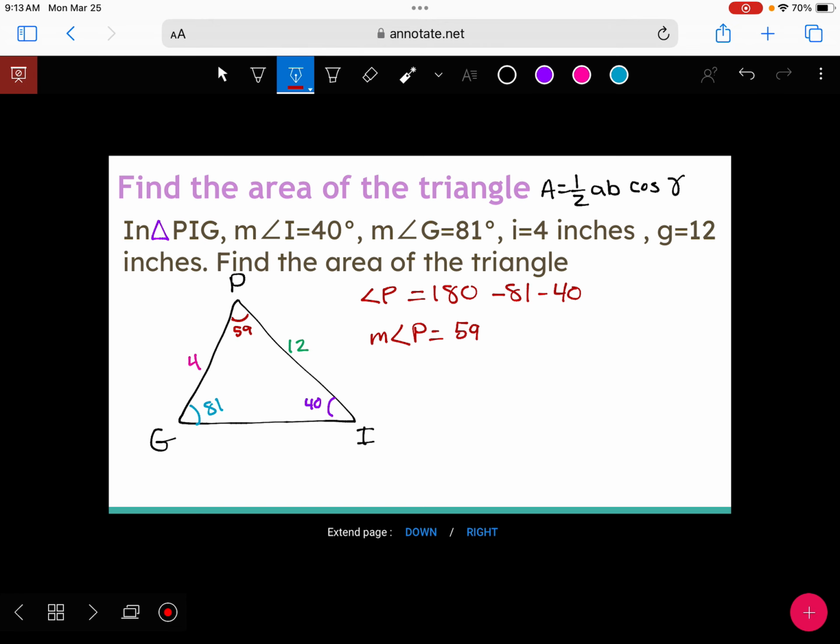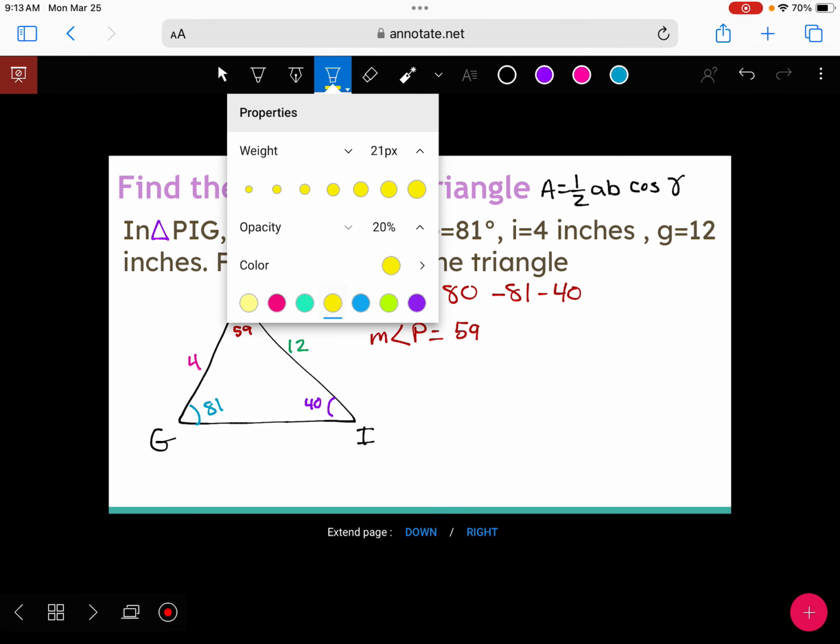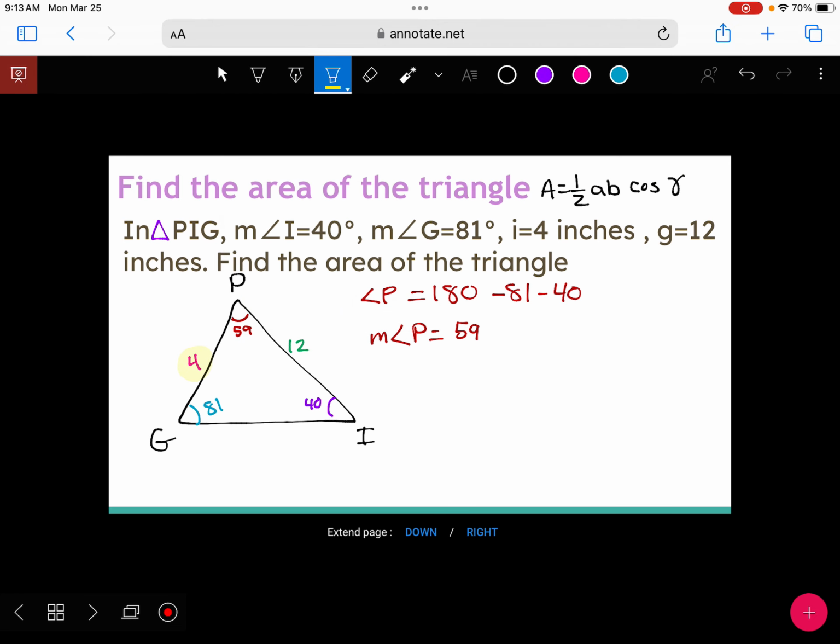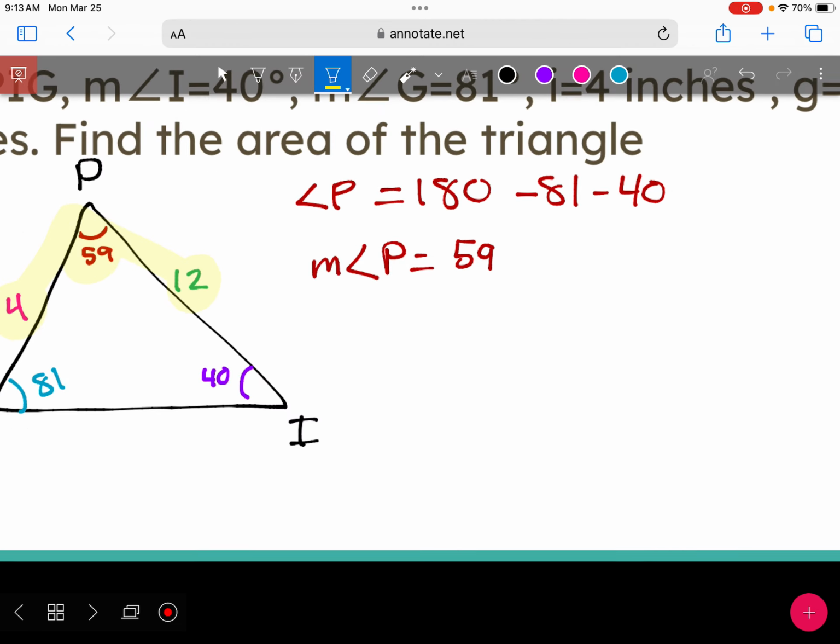So now I have side angle side. We have to have side angle side in order to be able to use our area formula. So we're going to substitute in those values.